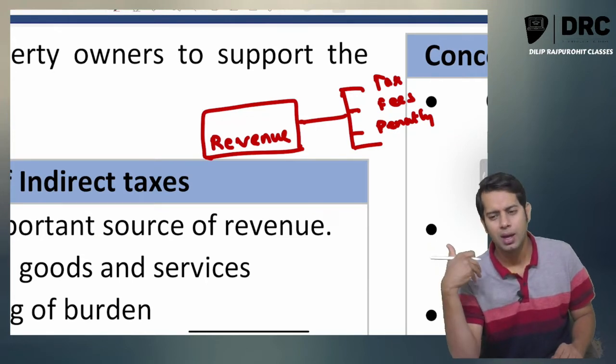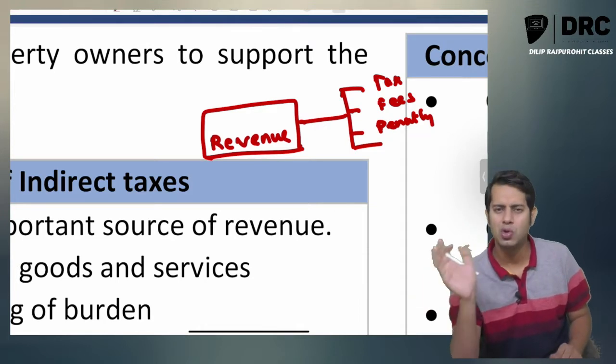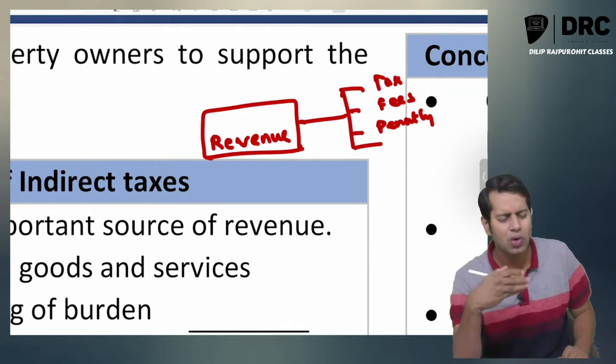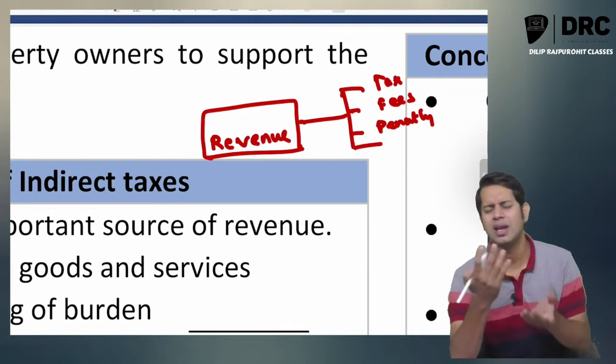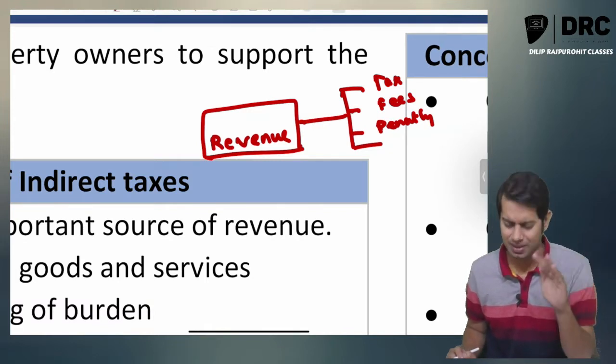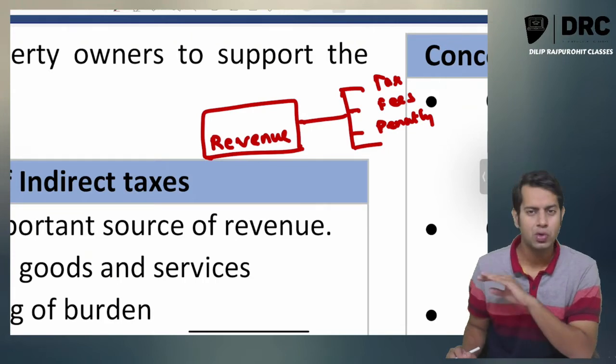If you take a license, you pay application fees, like the passport application fees. If you violate traffic rules or any of the rules formed by government, they will collect a penalty. So there are various different sources of revenue to the government.